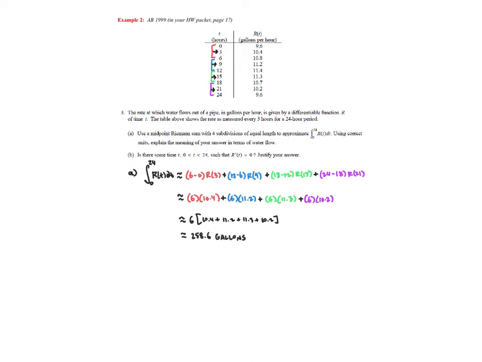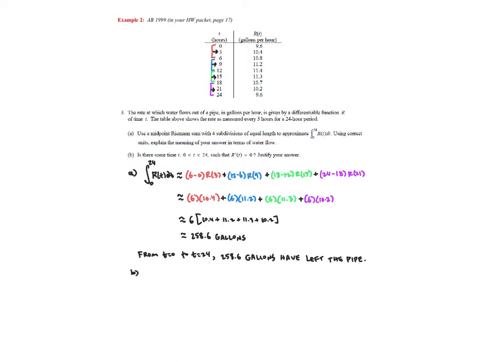So how we could describe this is, from t equals 0 to t equals 24, 258.6 gallons have left the pipe. Okay, during that 24-hour period. Now of course this is an approximation of the number of gallons, but we can work with that.